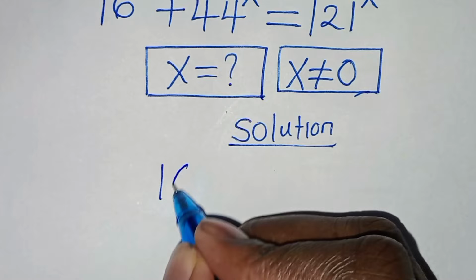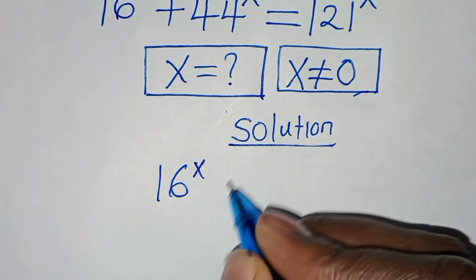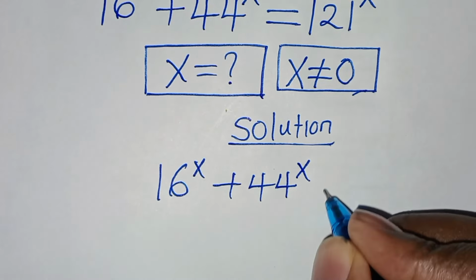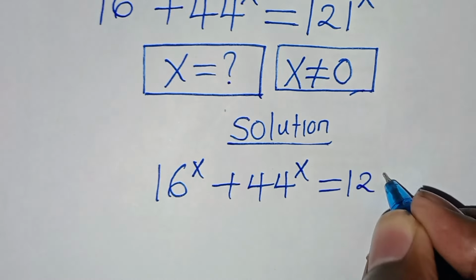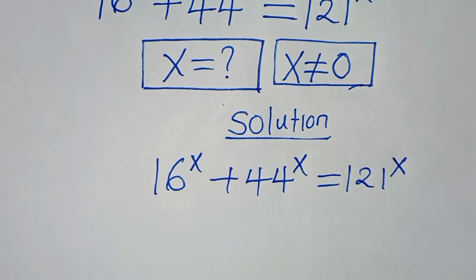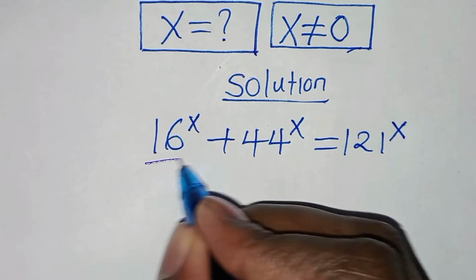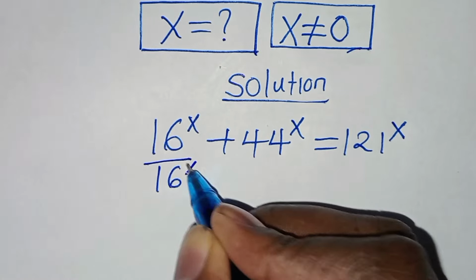We have 16 raised to the power of x plus 44 raised to the power of x. This is equal to 121 raised to the power of x. So the first step is to divide everything here by 16 raised to the power of x.